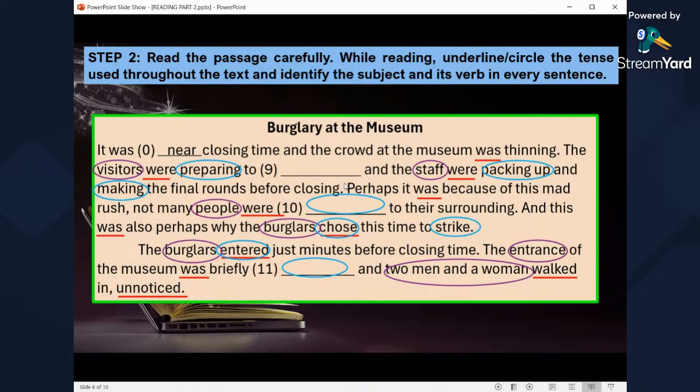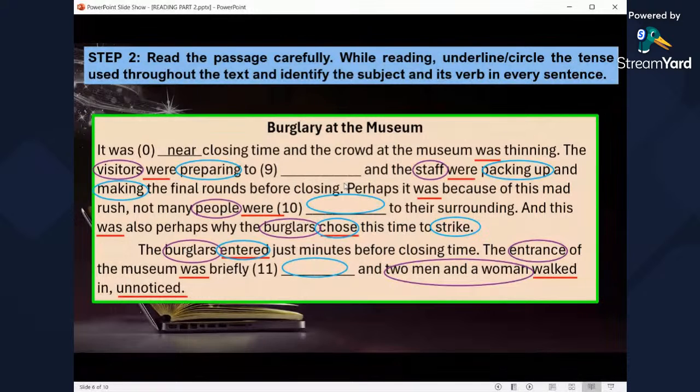All right. I know some of you who are good in English, all you do is you see and you look at the choices of answer and straight away you put in the answer. Be careful. Analyze first before just choosing answer to make sure you choose the best answer. Now, all this can be done very quickly because when you read, you are underlining the tenses and also circling the subject and the verb at the same time.